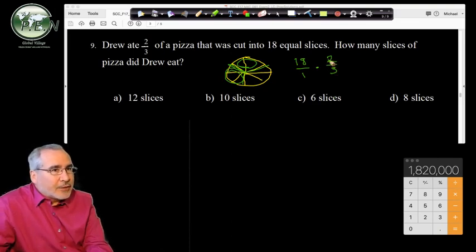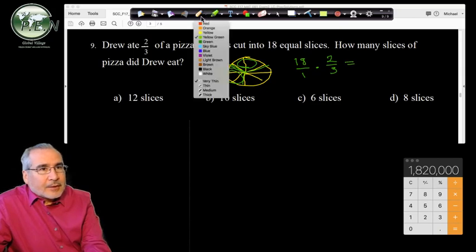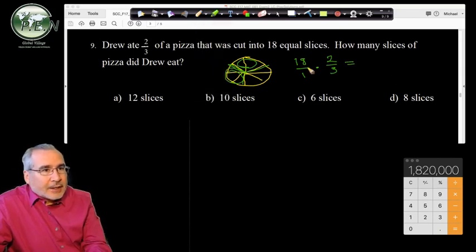And then we're getting 2 of those groups. So you could take 18 times 2 and then reduce it, or you can notice that 3 goes into 18 6 times. And then 6 times 2 gives us 12 slices.